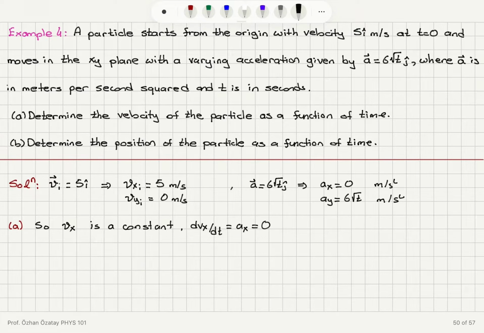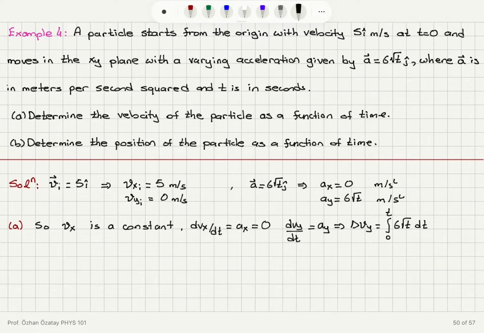It doesn't vary with time. On the other hand, if I look at dvy/dt, which is the y component of acceleration, that tells me a change in the velocity, delta vy, is the integral from 0 to t of 6 square root t dt, which is ay dt.